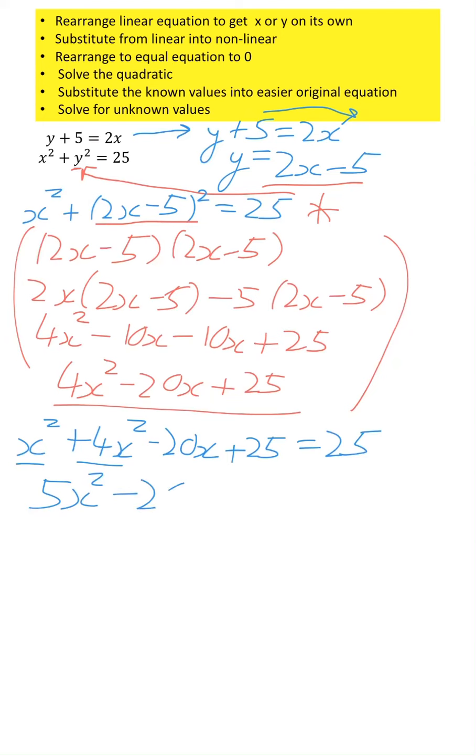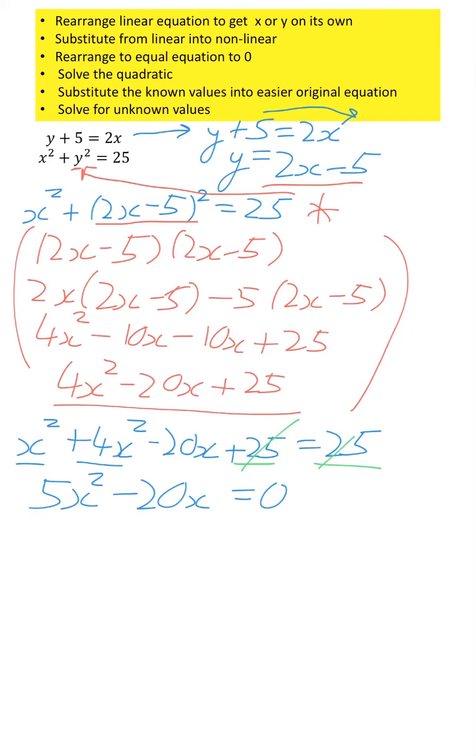Then we have minus 20x. And because we have a plus 25 here and a 25 here, they'll actually cancel out, because if you brought 1 over to the other side, it would be minus 25, and 25 minus 25 is 0. So this quadratic will actually be a lot easier now to solve.